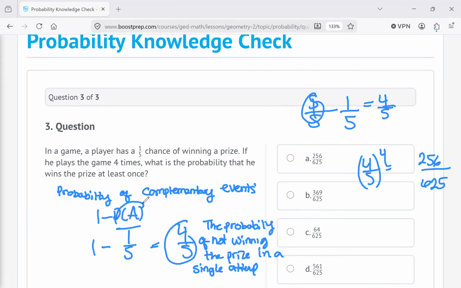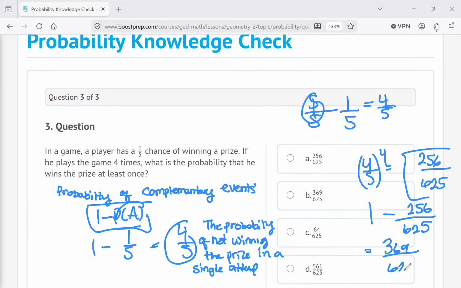So then you have to go back to this formula. It's going to be 1 minus 256 over 625. And when you simplify that, that's 369 over 625, right? Because 1 could be written as 625 over 625. So that is B.